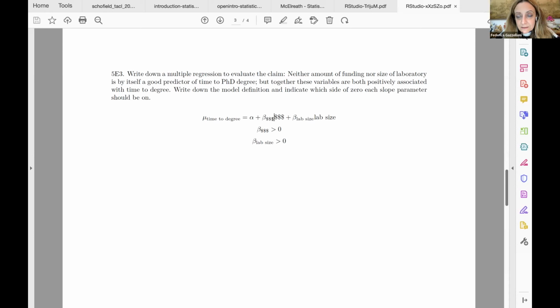But together, these variables are both positively associated with time to degree. So I'm just saying, maybe together they are influencing the time to degree.